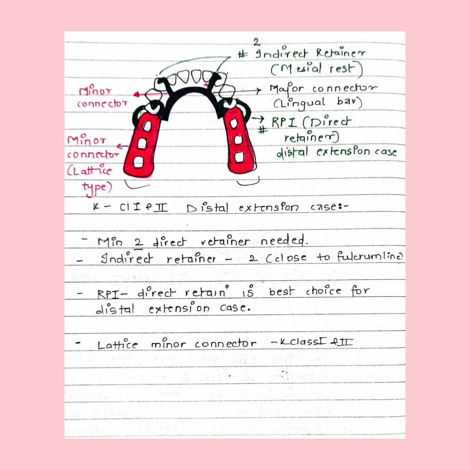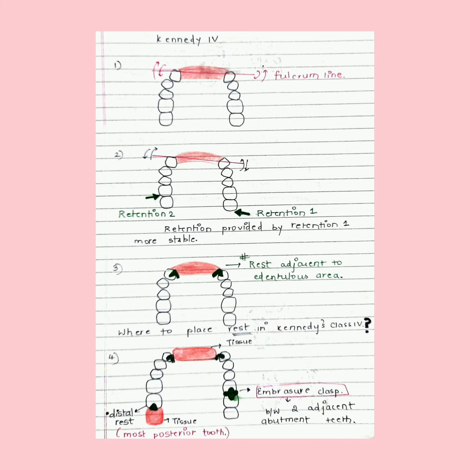So rest is mesial, proximal plate and I-bar. So RPI is the best choice for distal extension case as a direct retainer. You'll get the simplest cases for exams, but exams are so uncertain, and you should expect the most unexpected in exams. So we'll discuss every possibility. Hence, I'm discussing every case here.